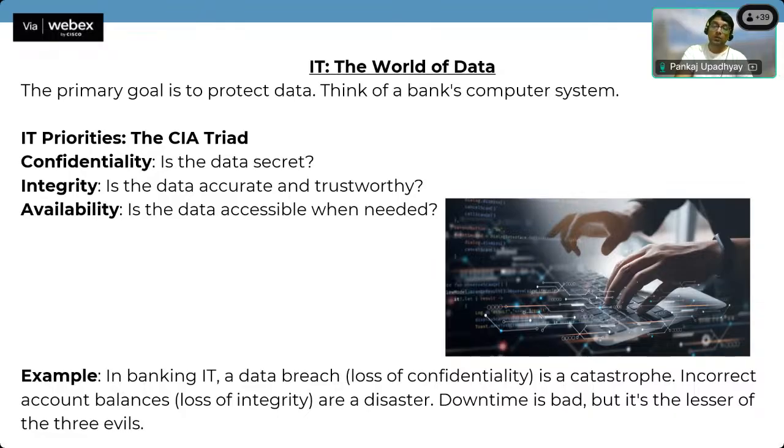Now let's talk about confidentiality. Whenever you log in, they ask you for user and password, as well as another factor of authentication, like sending an OTP to your mobile. It could be your finger or some other authentication mechanism. You put this information in, and then you get the page.